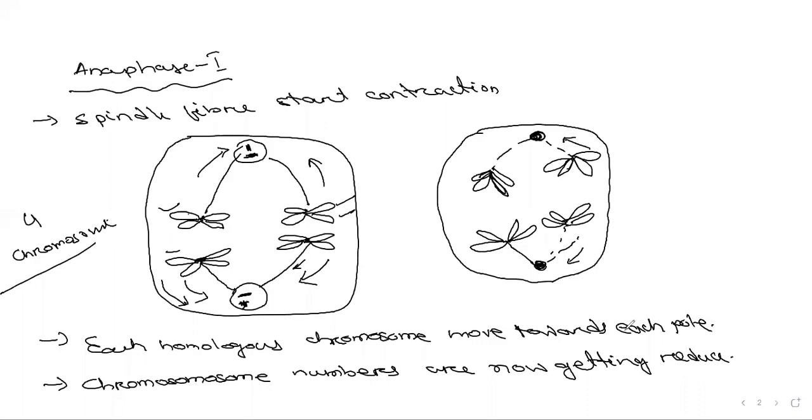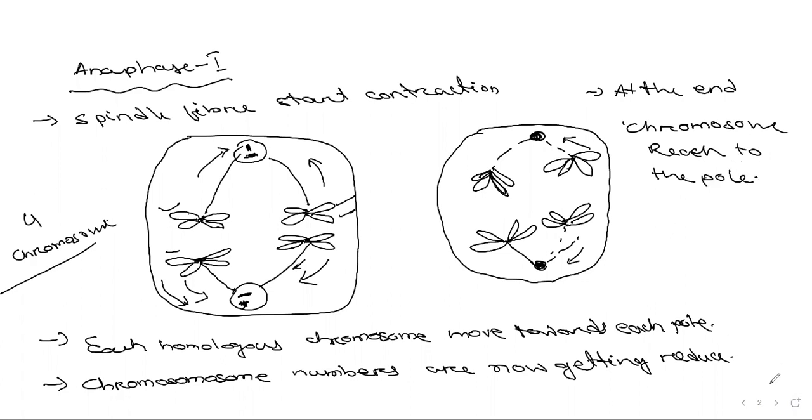And at the end of anaphase, what will happen? At the end, the chromosomes reach the pole. Okay, so let's see.